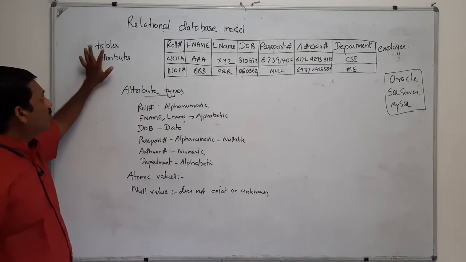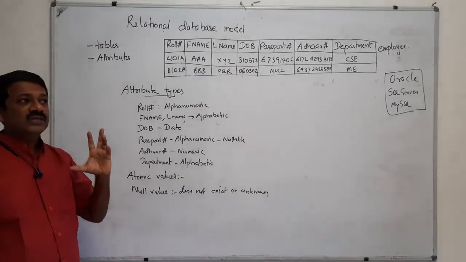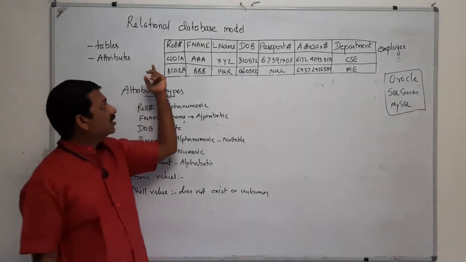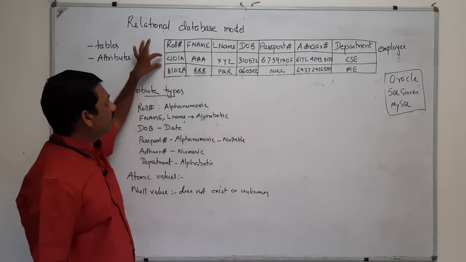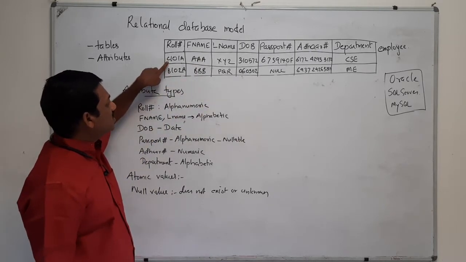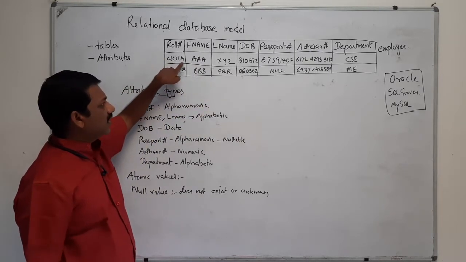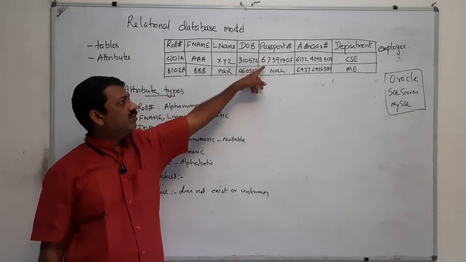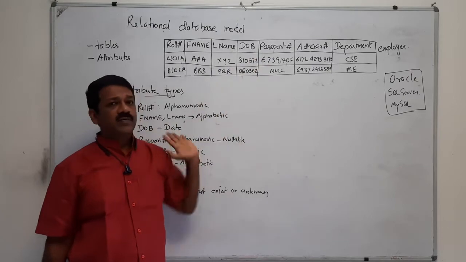Okay. Now, a table is actually a relationship. That means here for this employee, the roll number is C101A, then first name, last name, date of birth, passport number, Aadhaar number, and department.